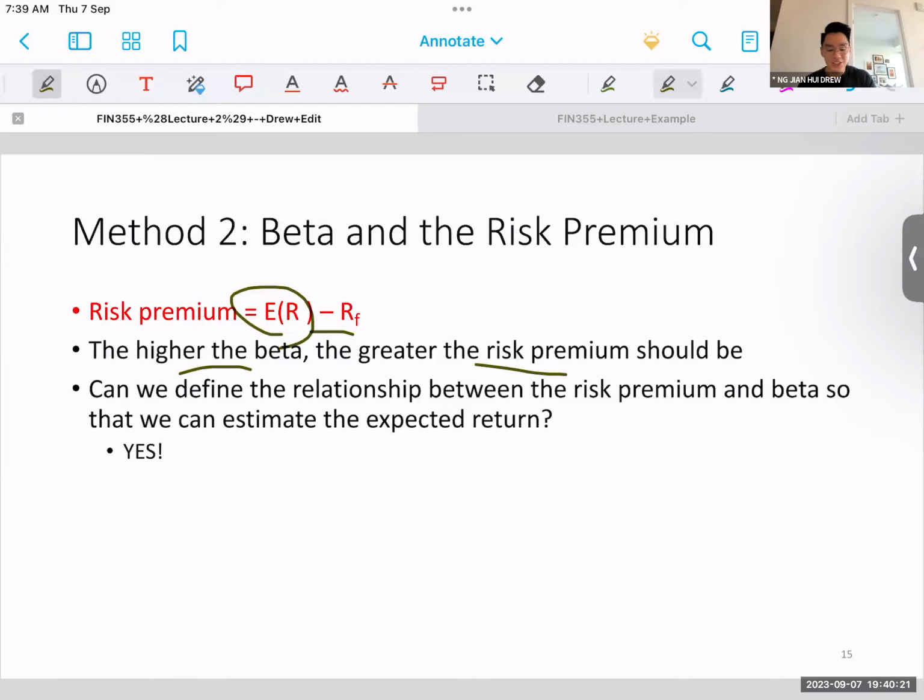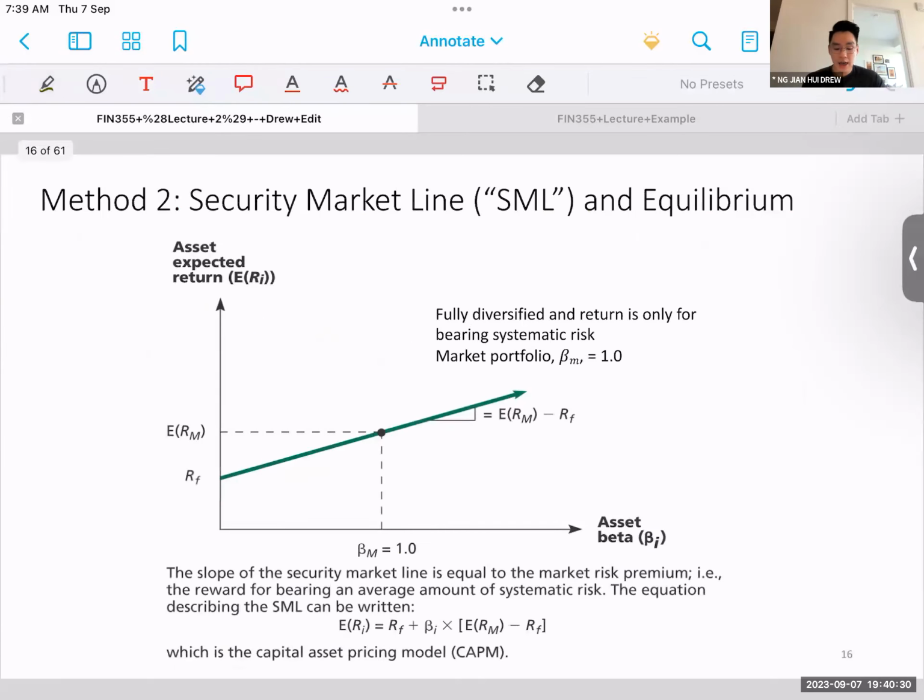And the relationship that exists between risk premium and beta is basically your CAPM model. All right. Now this is a bit more technical, but I usually like to go through this because it helps you understand how the CAPM model even appeared in the first place, right?